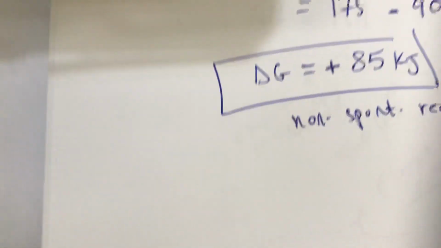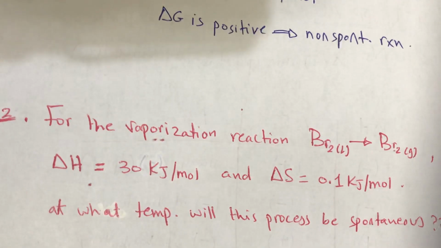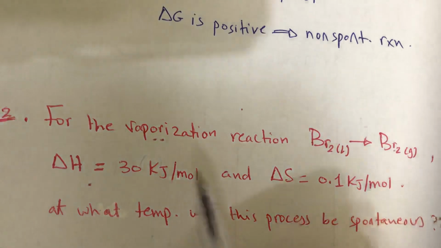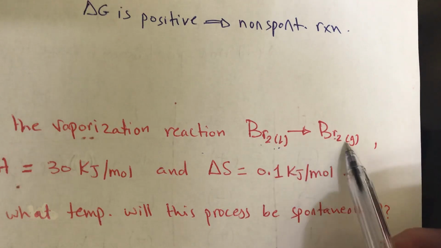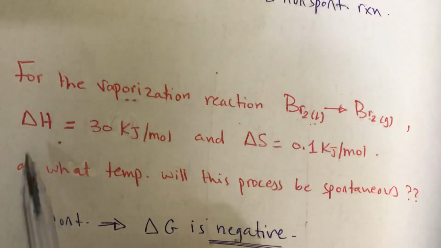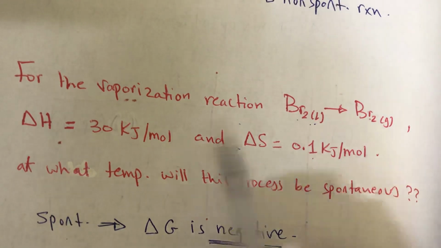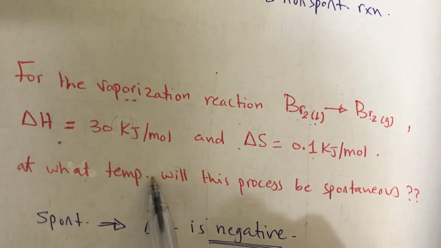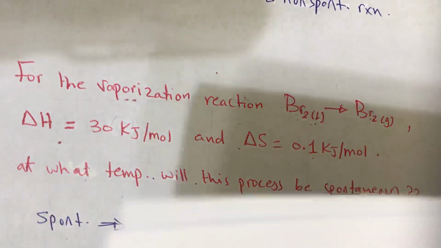Now, another example for the vaporization reaction, bromine liquid to bromine gas, delta H equals 30 and delta S equals 0.1. At what temperature will this process be spontaneous? Okay.